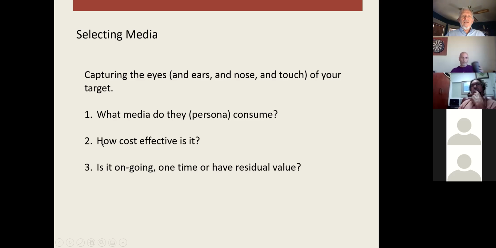Let's see, cost effectiveness, etc. Is it going to be ongoing, one time, or are you going to have residual value from doing it once? Or you may do an ad that goes for 7 or 8 weeks or 10 weeks. And then the question is, well, does that have any residual value?